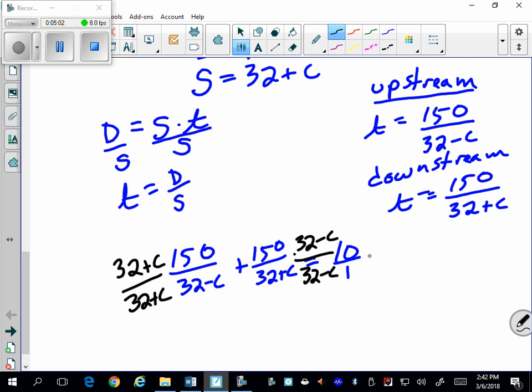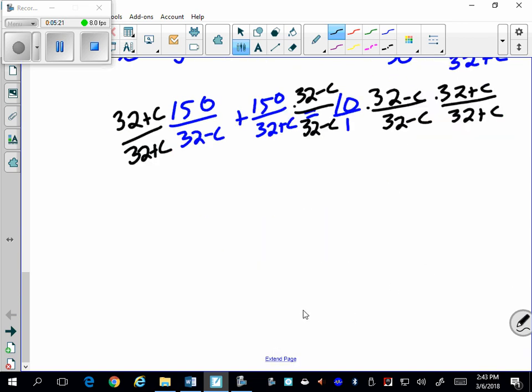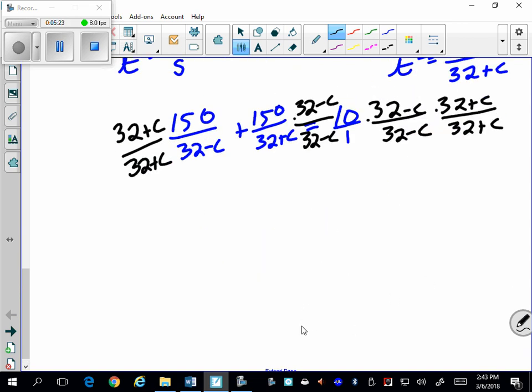The last term is multiplied by 32 minus c and 32 plus c. I'm going to pause, work out the problem, and then you can see the answer.